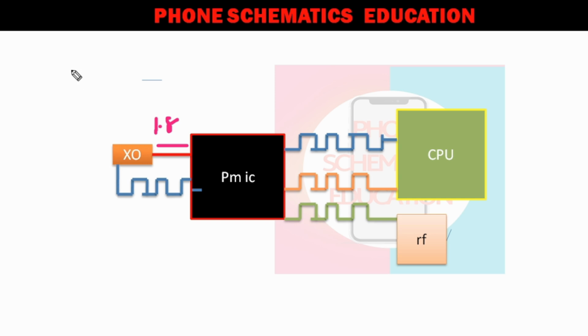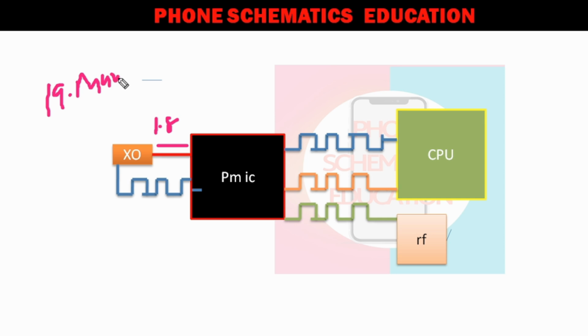How? The crystal is made with two elements. When the power IC gives the DC voltage to the crystal, it vibrates internally. After that it produces a clock signal according to its value. Suppose it's 19 megahertz.